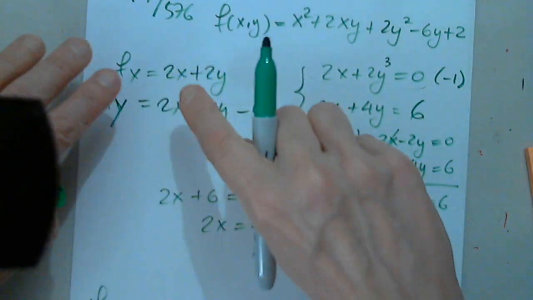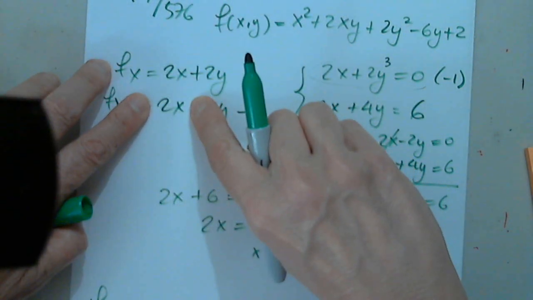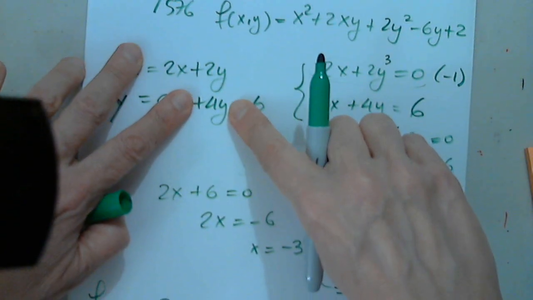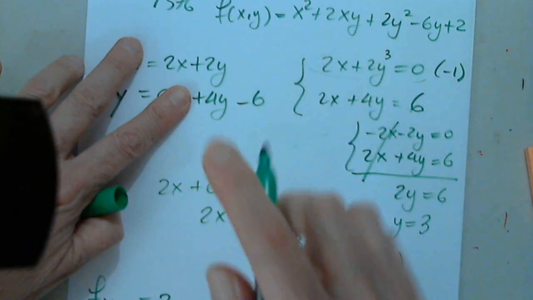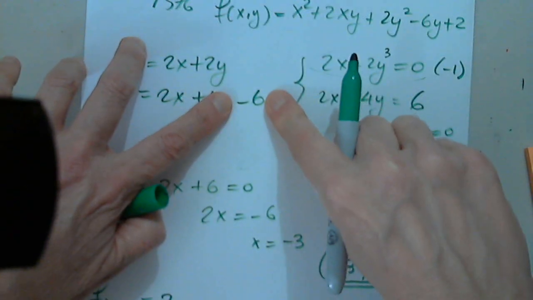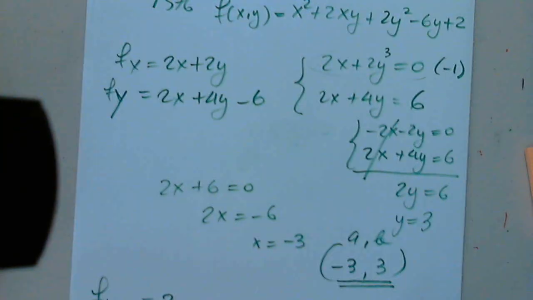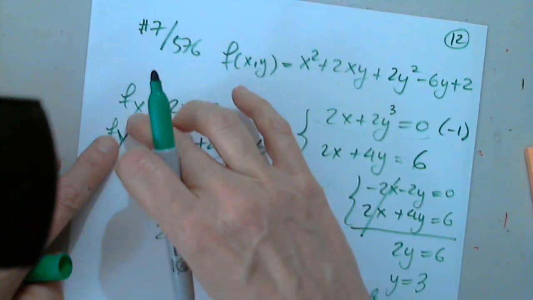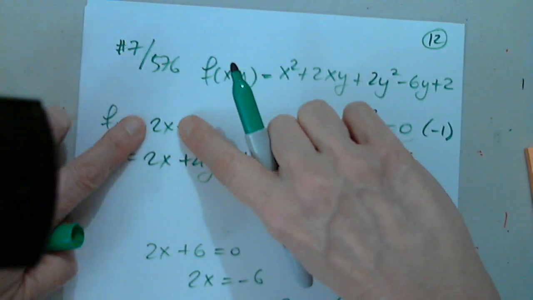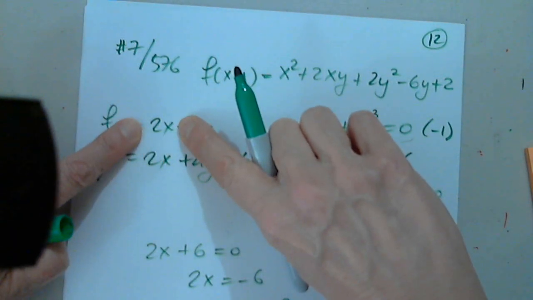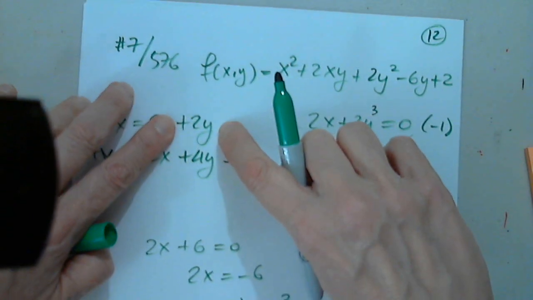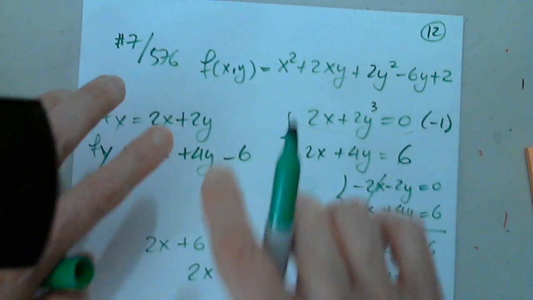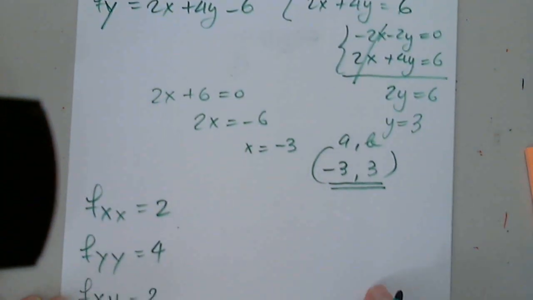Let's differentiate this with respect to y. 0. Let's differentiate this with respect to y. 4. Let's differentiate this with respect to y. 0. Last one we need is fxy. Now I differentiate fx with respect to y. 0. 2. Awesome.